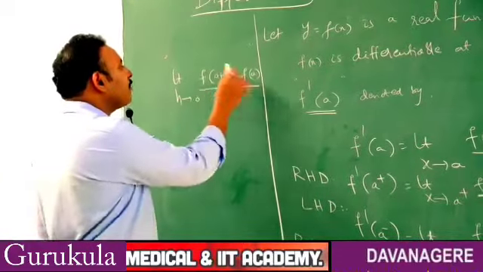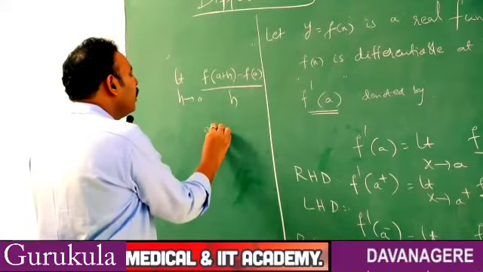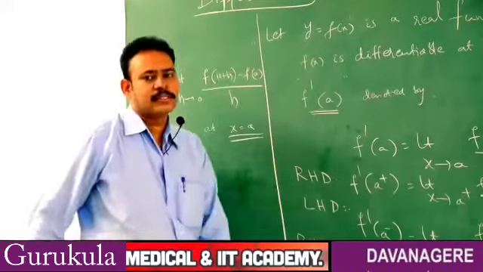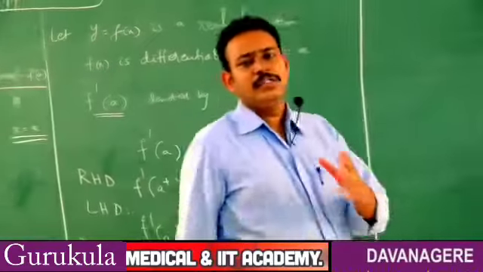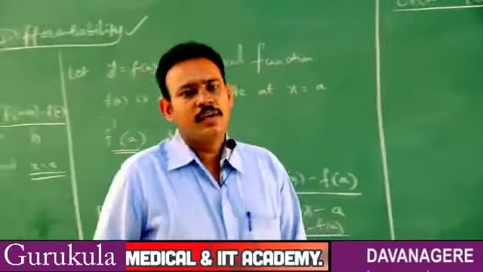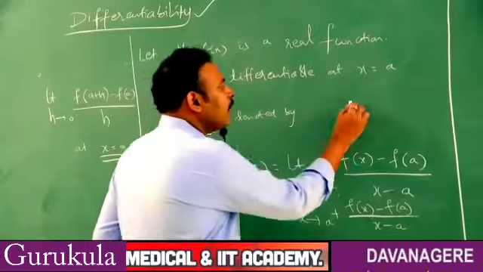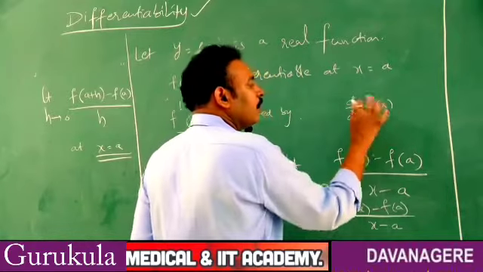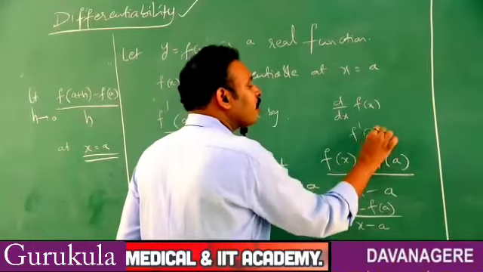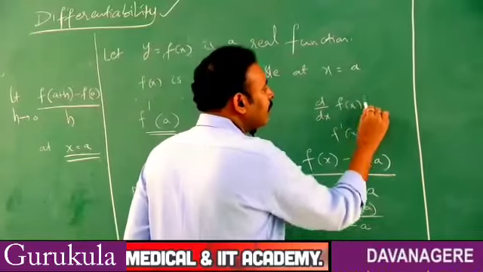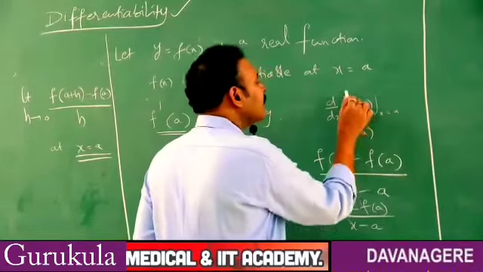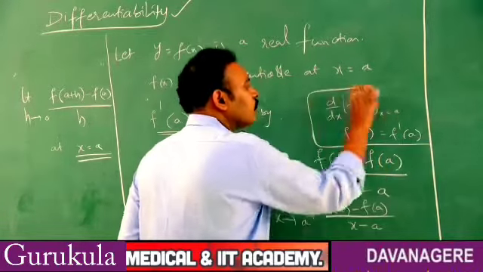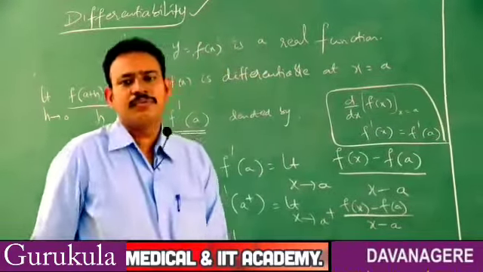The function f of x is differentiable at x is equal to a. It is denoted by d by dx of f of x, as we know very well, or f dash of x, or at x is equal to a, f dash of a also.